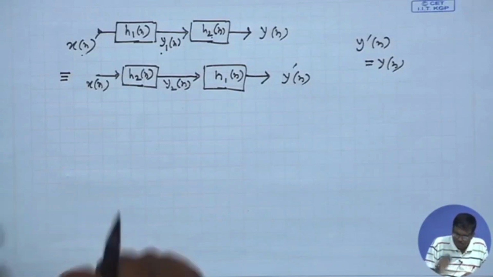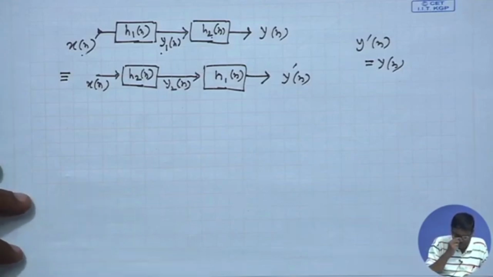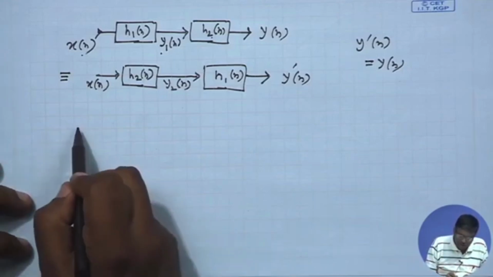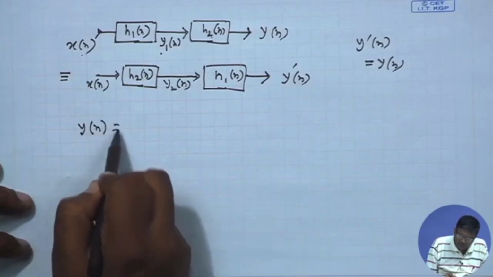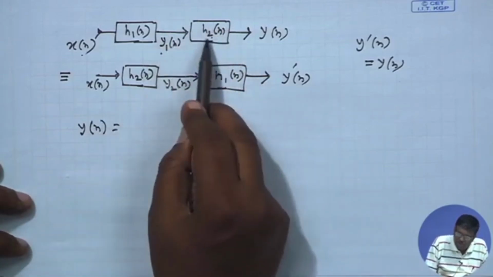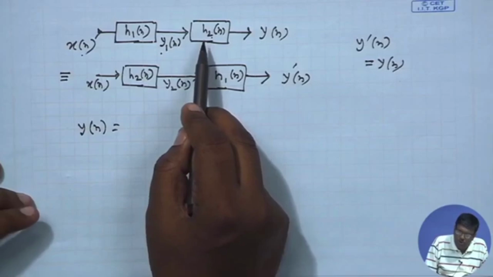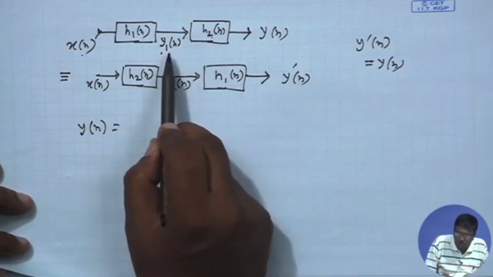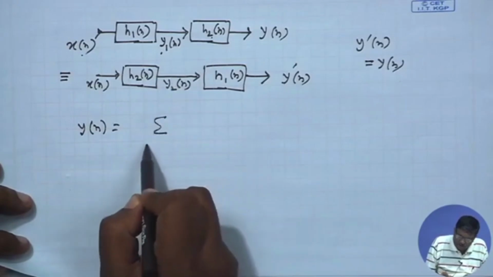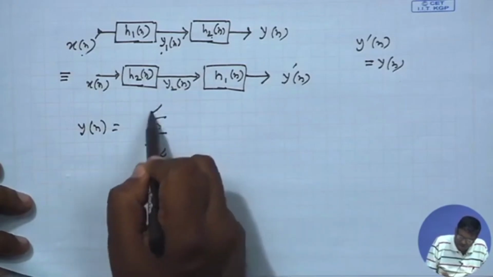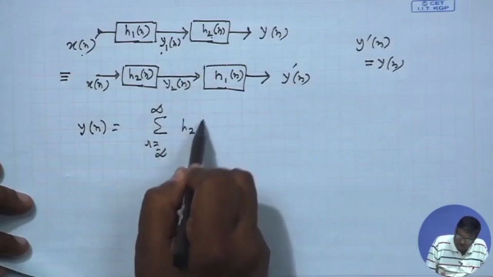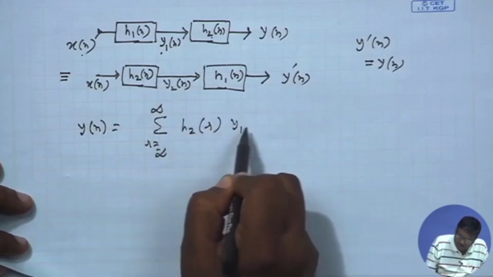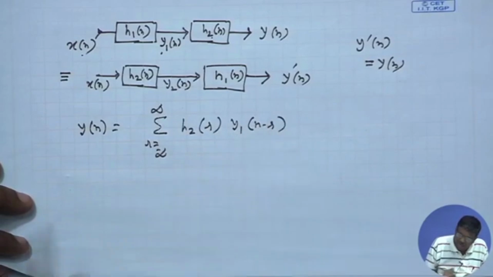How to show that? Let us work out y n. Y n is a convolution between these two, but I told you to always choose the convolution not between y 1 and h 2, but between h 2 and y 1. So you write summation over index r of h 2 r times y 1 n minus r.